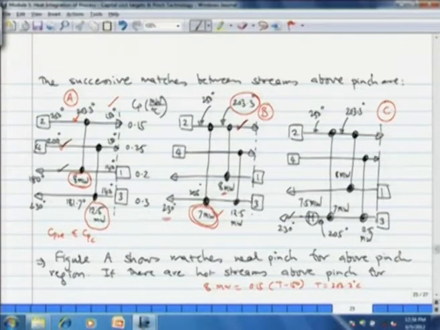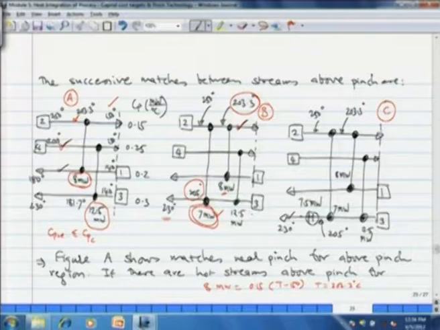That can be done exactly the same way as explained before, and that turns out to be 205 degrees centigrade. And now we have absorbed all of the heat from hot streams above pinch region into cold streams. We have no more heat surplus above pinch region.